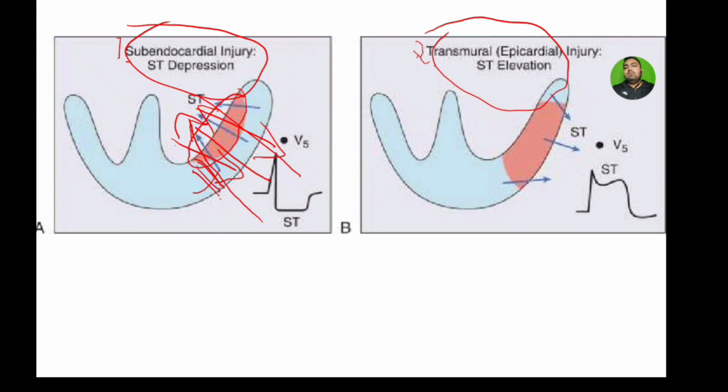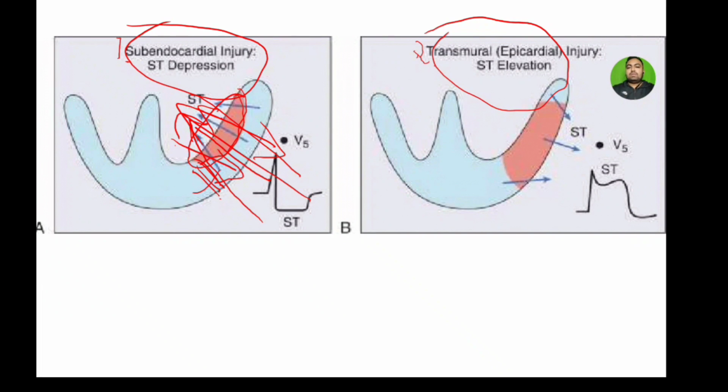So whenever there is subendocardial injury or ischemia on the lateral wall, the vector goes inside from outside, and the leads facing the lateral wall, V5 and V6, show negative deflection. That's why it shows ST depression.